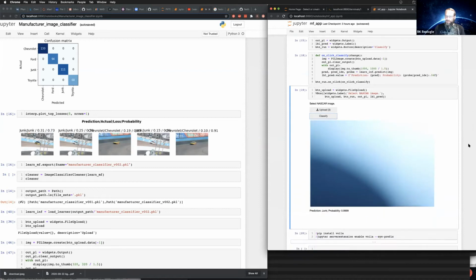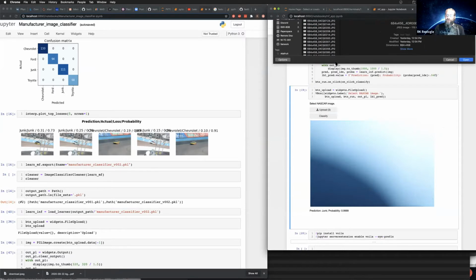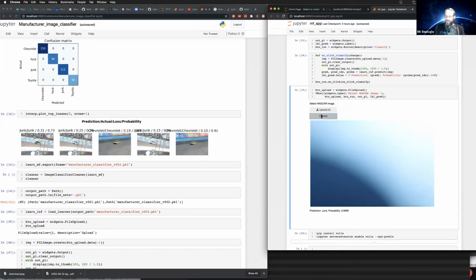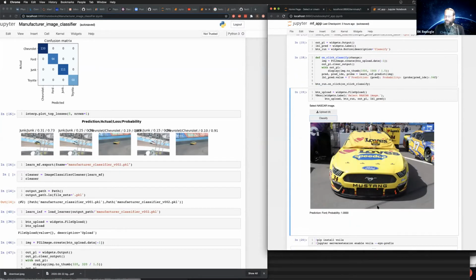So if I upload this, which is clearly not anything, I get the junk probability very high. And if I upload something that should be really easy for it to get, like a very close photo, it's a Ford, right? Because these are the distinctive characteristics of the Ford.